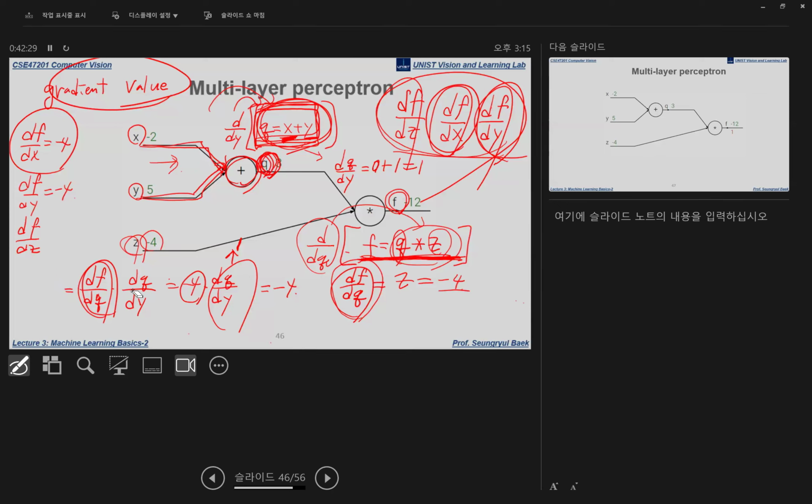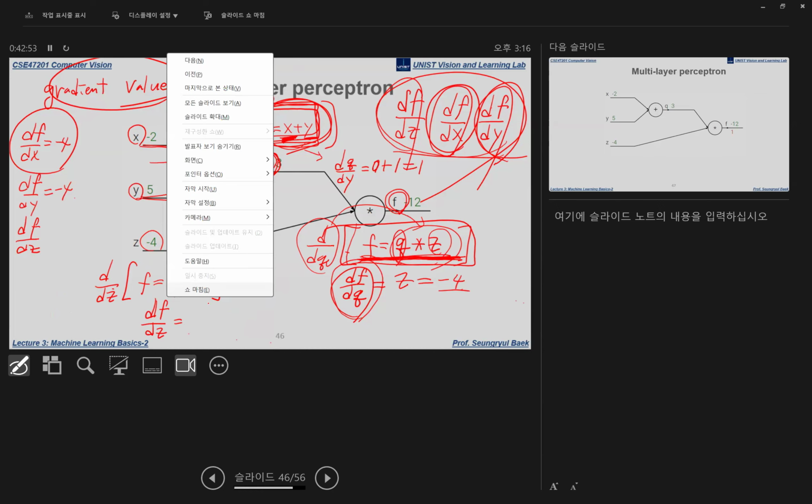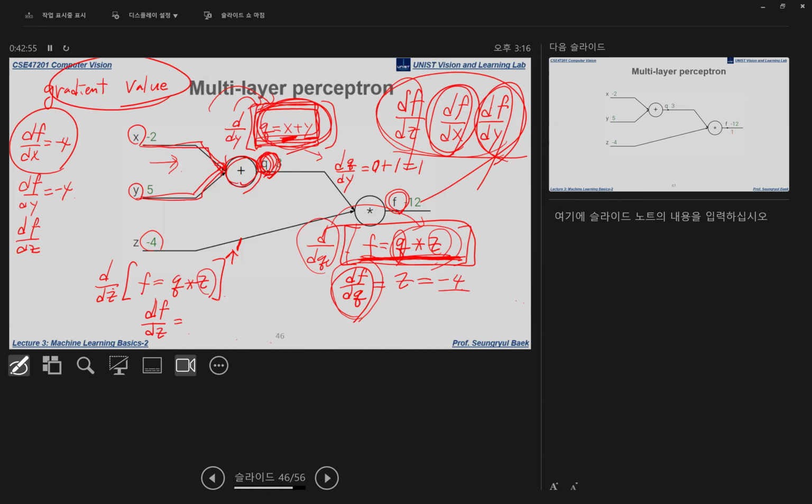And for that, we can use this, okay? So for that, we can apply d/dz to this formula. The left-hand side becomes this, and the right-hand side regards z as the variable and q as a constant, so it becomes q.